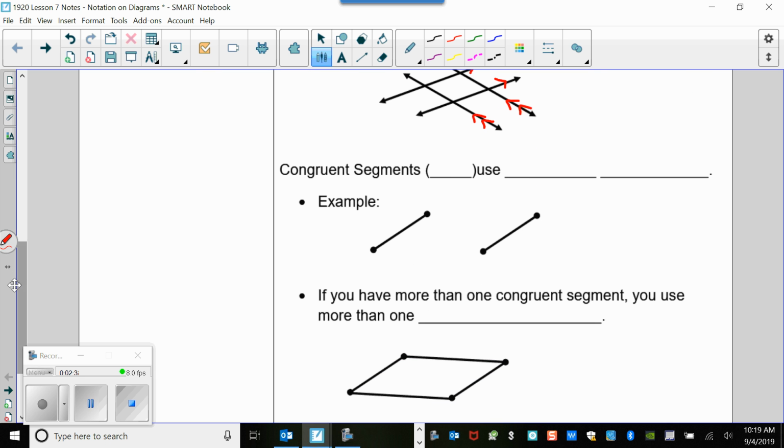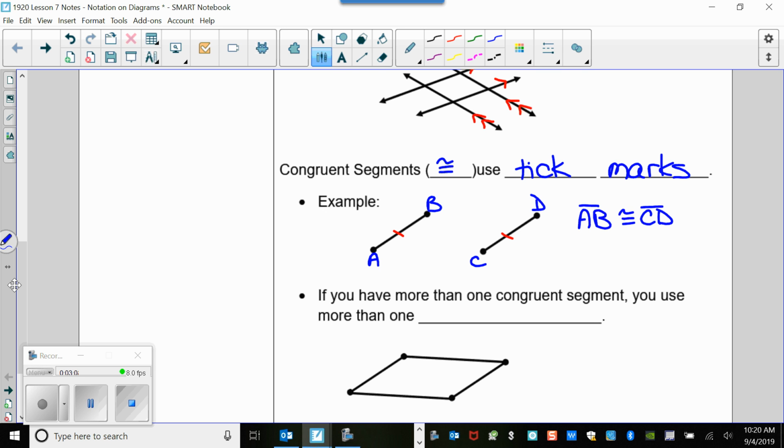Congruent segments. We talked in an earlier lesson about the congruent symbol, and these use tick marks. So let's label this AB, CD. We would say segment AB is congruent to segment CD, and tick marks on the diagram.